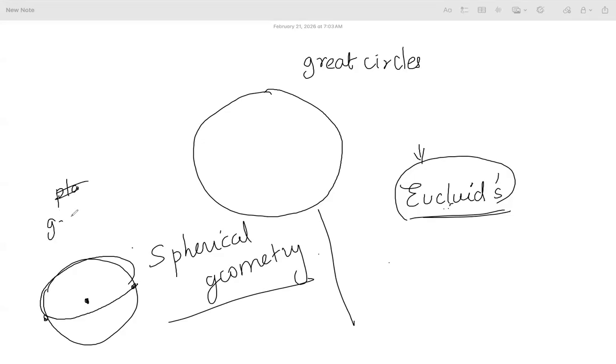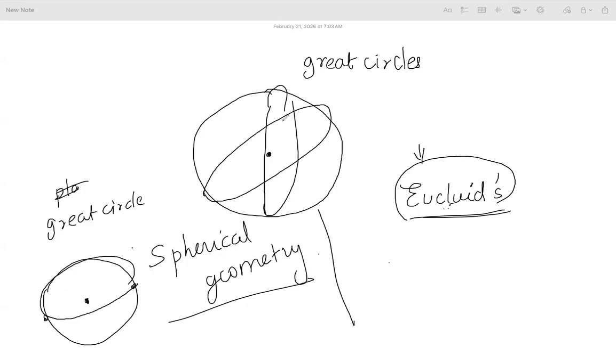Let me define the great circle here. This is a great circle. Whatever goes around the sphere, but it also encompasses the center of the sphere. It is basically a plane, a flat surface, and the flat surface should contain the center of the sphere. This is a good picture. Let me show you this.